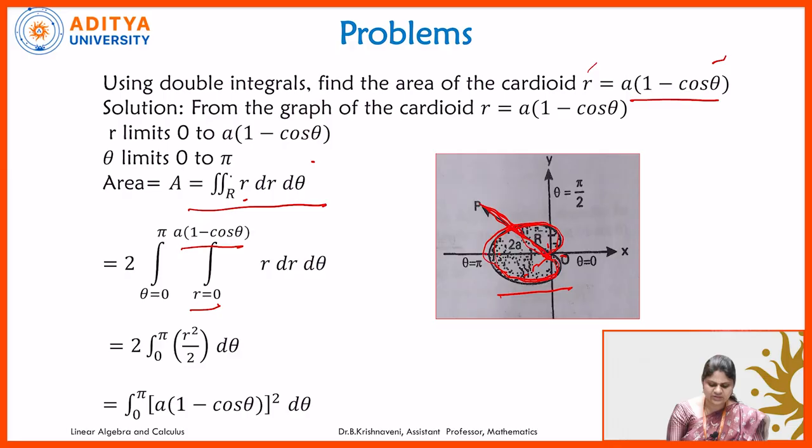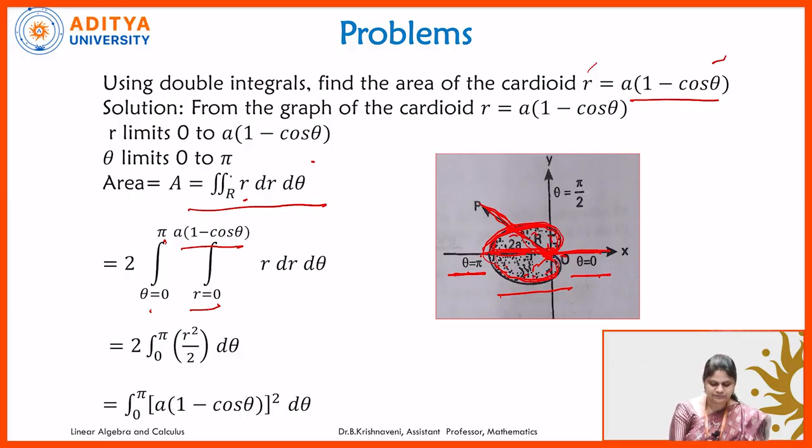So let us take the upper part, that is theta is equal to 0 to theta is equal to pi. Exactly 2 times, it is bisecting the entire region. So we can find the upper part by theta from 0 to pi. If you apply 2 times that integration, you will get the total area of the cardioid.